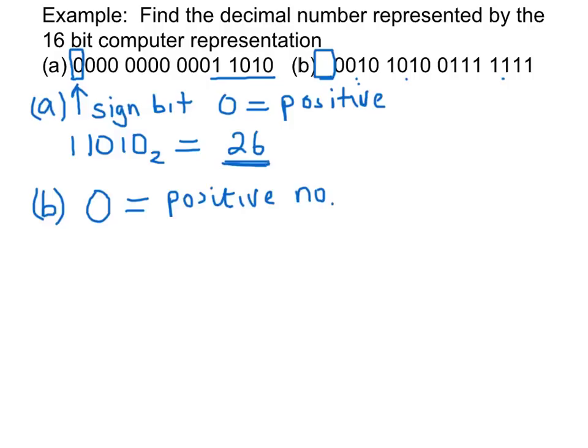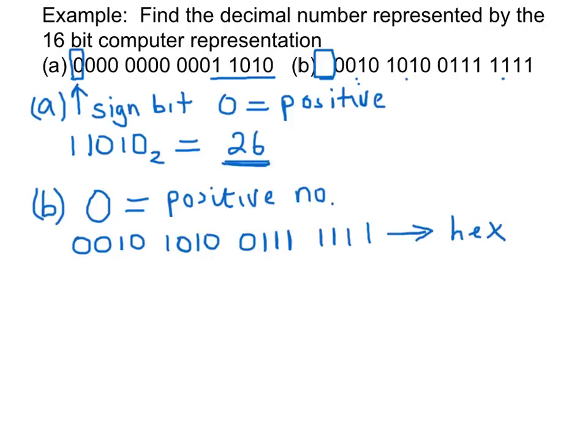So just like before, we're going to go through hexadecimal. I'm going to take this number and convert it to hexadecimal. We take the binary number and group it into groups of 4, which is the way the number is written originally anyway, so there should be no difficulty with that.